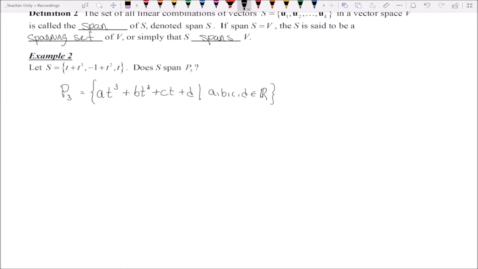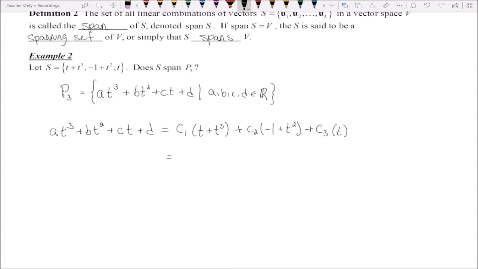So here's what we want to do. We want to write any arbitrary vector in P3 as a linear combination of the vectors in S. And the question is, does this have a solution?